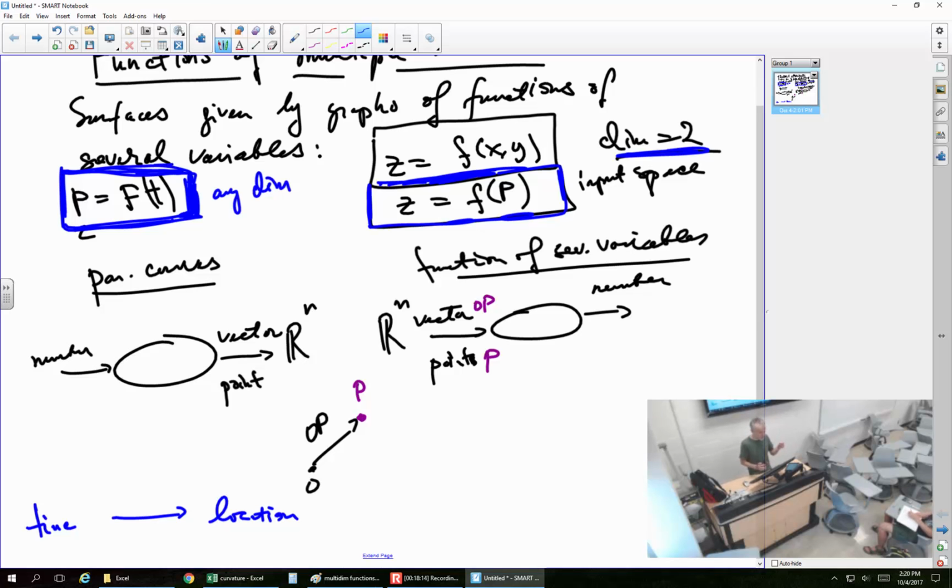The matching metaphor for a function of several variables is from location to, remember what the metaphor was? For each location, we associate what? Height. Yeah, I like to say elevation to emphasize we're talking about a map, like a map of terrain.